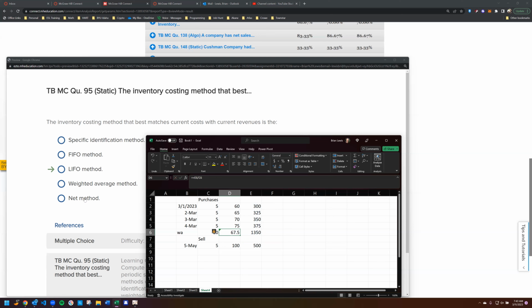And then the net method, whoever talked about a net method in our discussions, it's always specific, FIFO, LIFO, or weighted average. So that would be a no. So the reality is you could have possibly done this if it told you that it was the latest item that was purchased, but it didn't. And so the probability of this being correct is very, very low. Therefore, LIFO is always really going to be the most current cost that matches your current revenue.